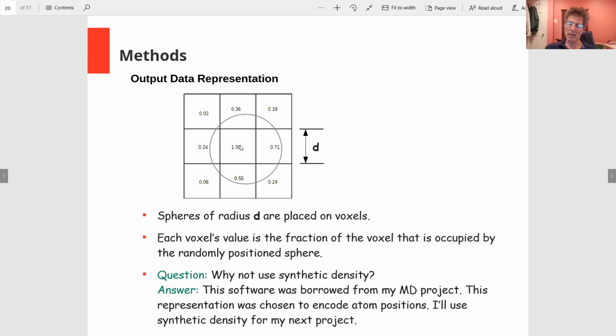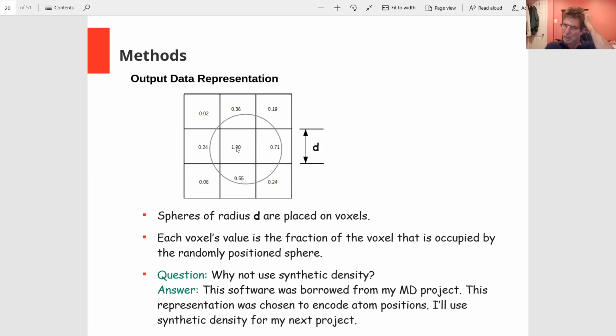Therefore, this one atom position is then encoded in up to 27 pixels, the pixel where the atom itself resides and the neighboring pixels. In practice, it turns out that roughly 20 pixels are involved in encoding each atom position.